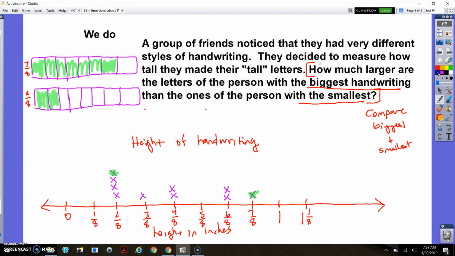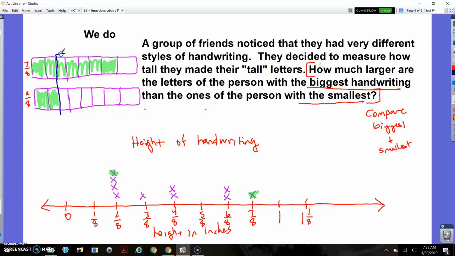It looks like the difference between the two is, let me get a blue. This is the difference between, oop, not there, missed it. The difference between the two is these ones right here. All right. So the difference is these 1, 2, 3, 4, 5/8 of an inch.